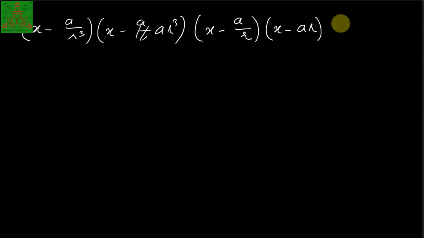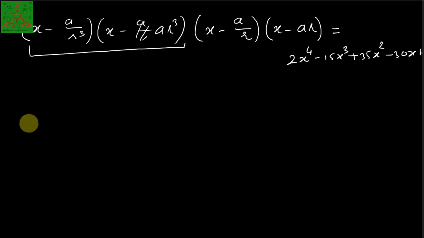This will be the same as our original equation, that is 2x power 4 minus 15x cube plus 35x square minus 30x plus 8 equal to 0. And if we do the product of these two, then we will have x square minus a by r cube plus a r cube, x, plus the product of these two, that is a square.